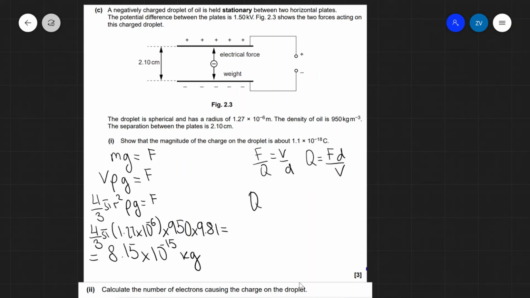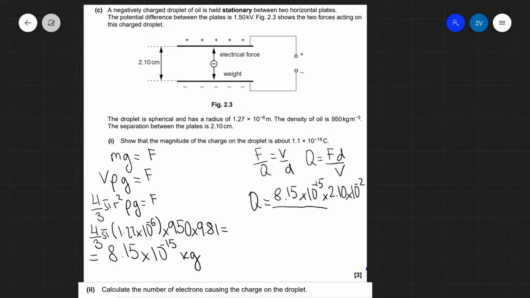So the charge is the force times the distance. So the force is 8.15 times 10 to the power of minus 15 multiplied by 2.1 centimeters, that's the separation between the plates, so 2.1 times 10 to the power of minus 2.